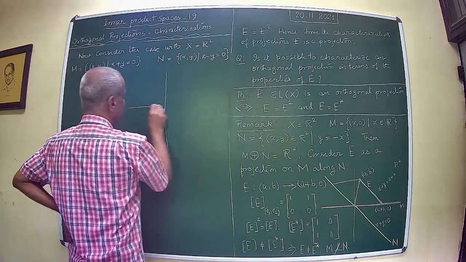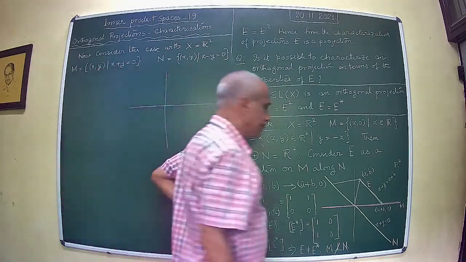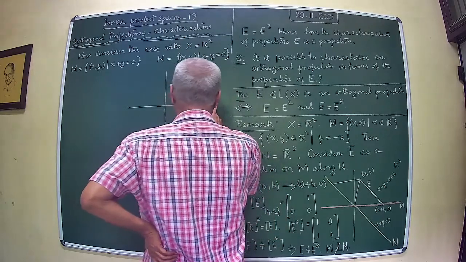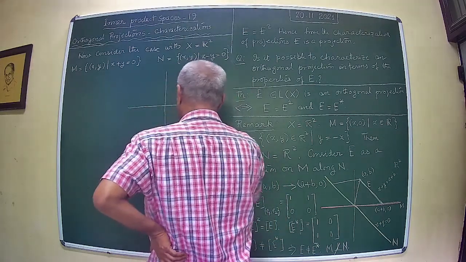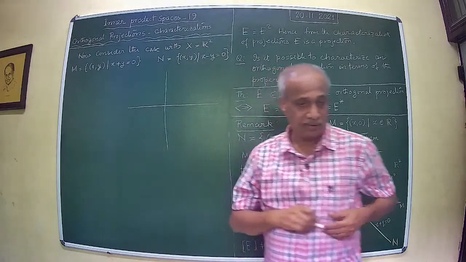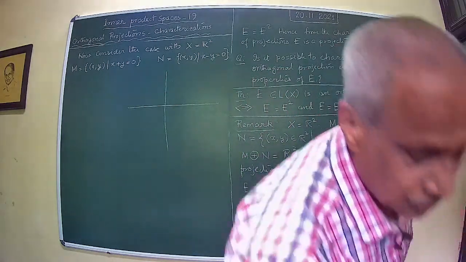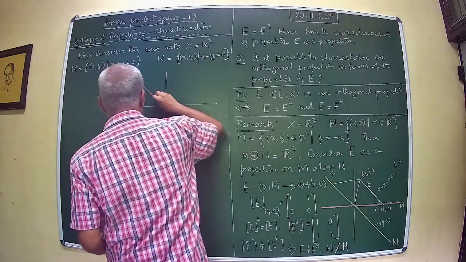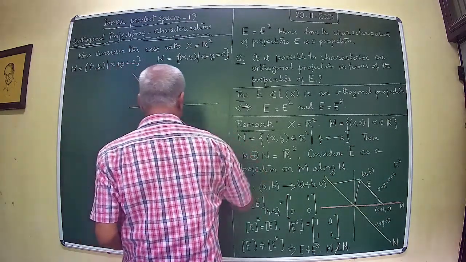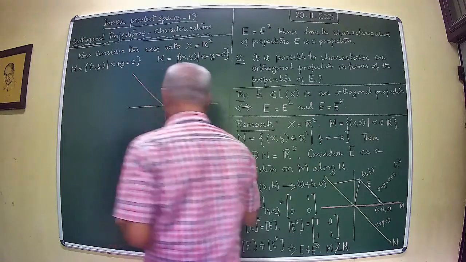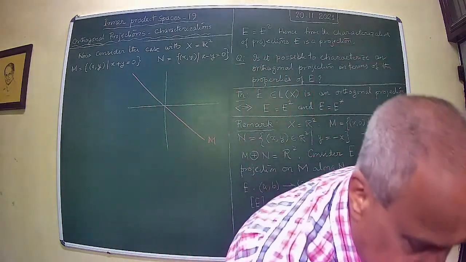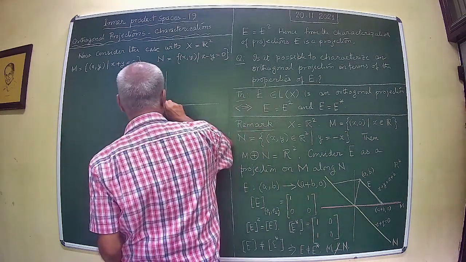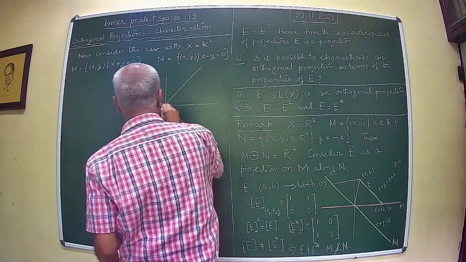This is the standard e1 and e2, and this is the space spanned by e1, this is the space spanned by e2. Now we will mark the two subspaces, and M is as before, this is M, and N is taken as this one. This is something orthogonal to this.